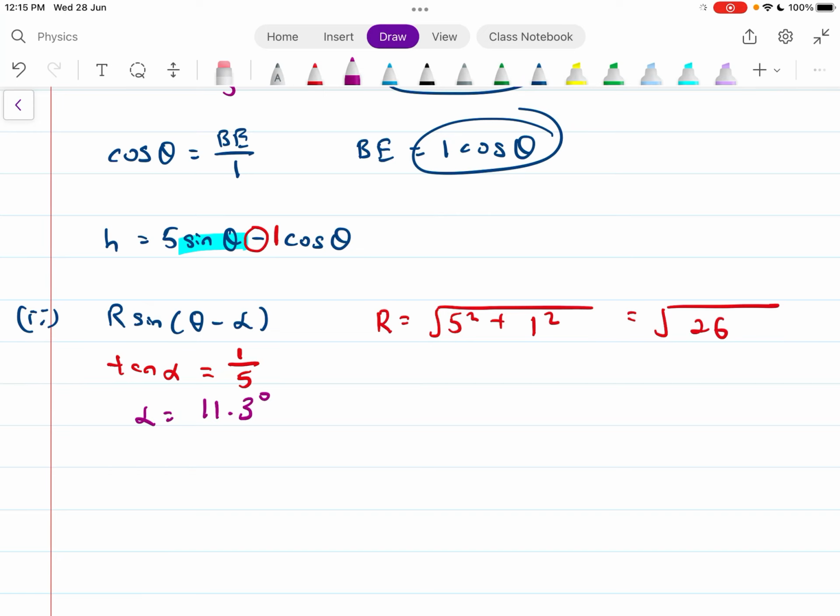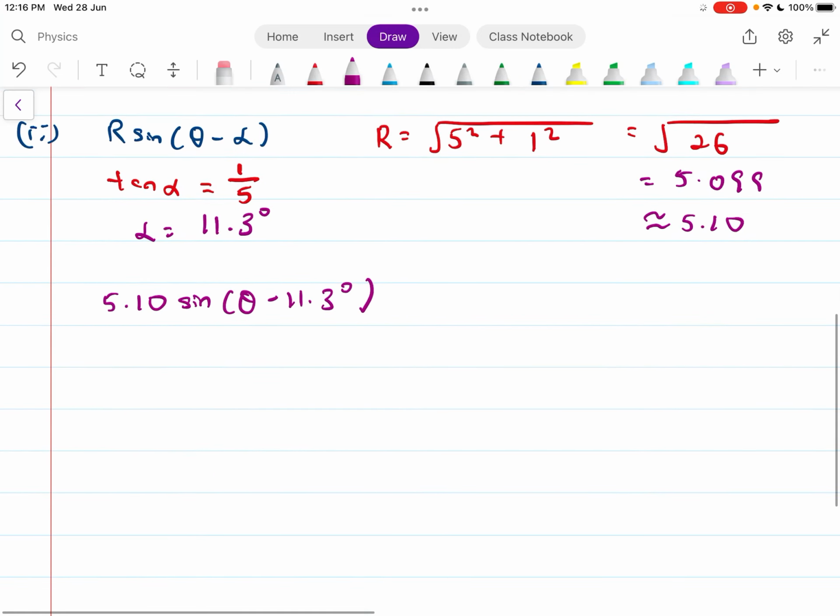Now it's time to express this in terms of the R formula. Square root of 26 is 5.099, so you can round it off to 5.10. So the R formula is 5.10 sine (theta minus 11.3 degree). That is the R formula. This one is 4 marks.